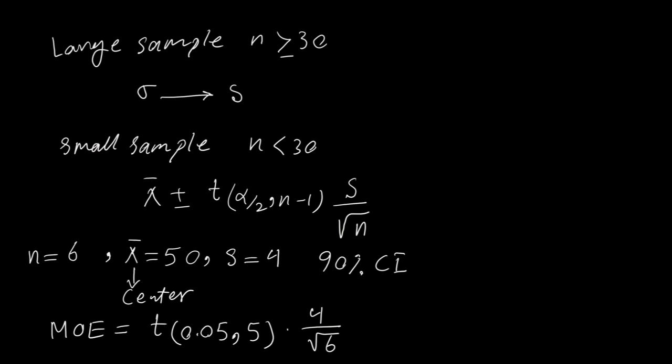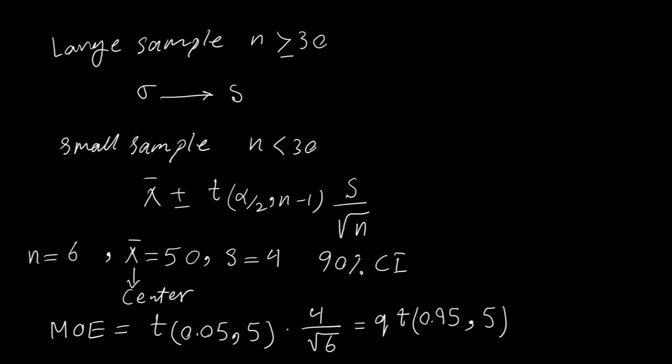How can we find t of 5% and 5 degrees of freedom? You can use a table, or use the syntax of R. If you want to use R, it is qt of 1 minus 0.05, which is 0.95, and 5 as the degree of freedom.